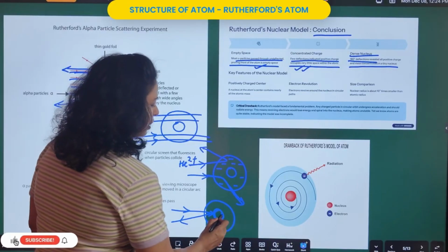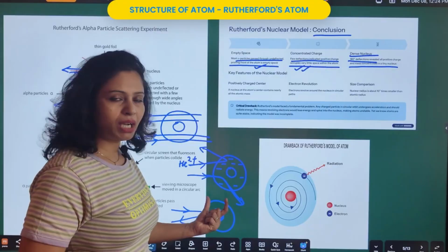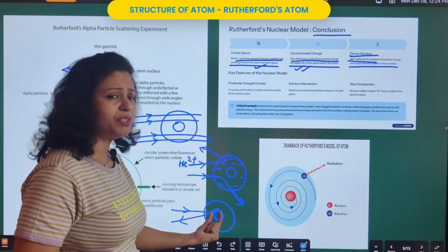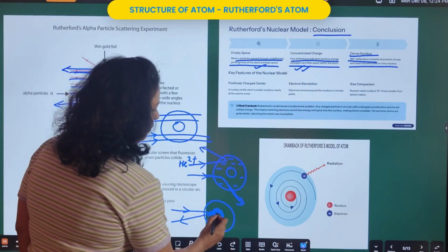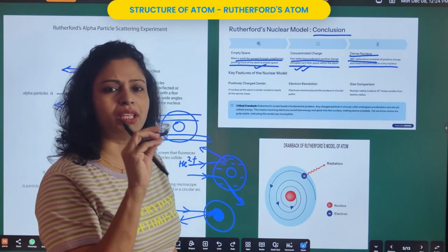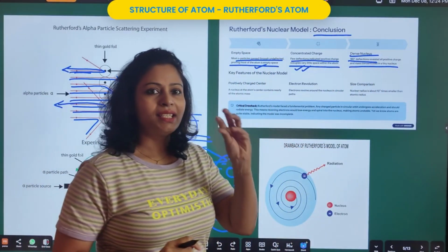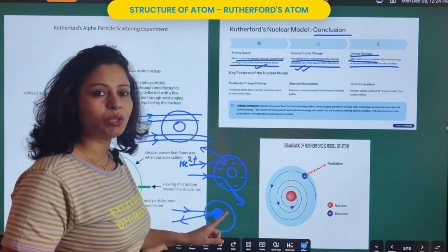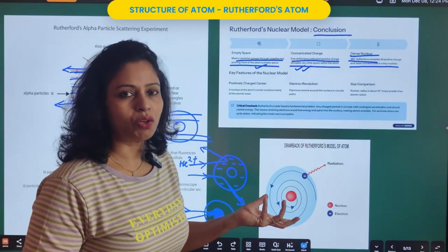So he concluded that the positive charge of an atom is concentrated in a very small space, here at the center only. So he says that the nucleus is dense. This is the nucleus. He was the one who actually discovered the nucleus, which is positively charged because of protons.